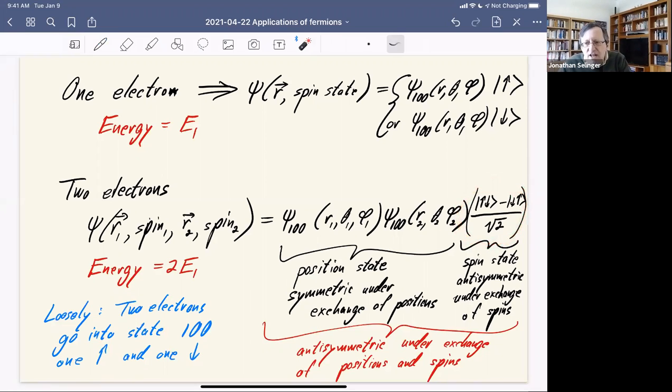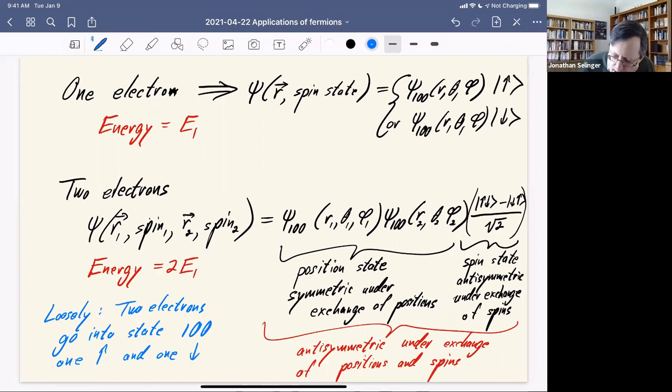And so this combination is neutral about which electron is spin up and which electron is spin down. And that's the way it has to be for indistinguishable particles. Okay, so that's how it is with 2 electrons.